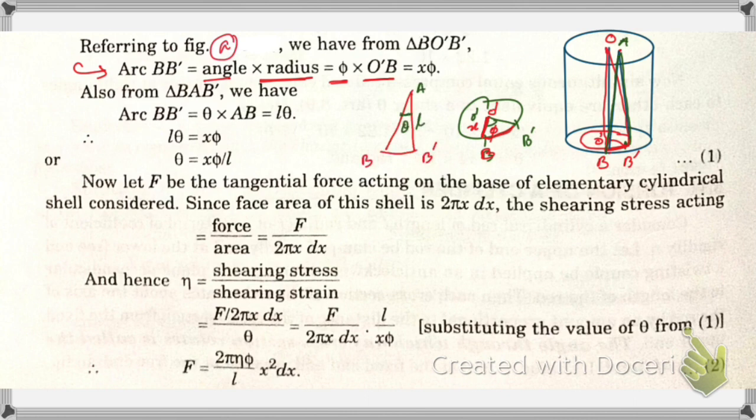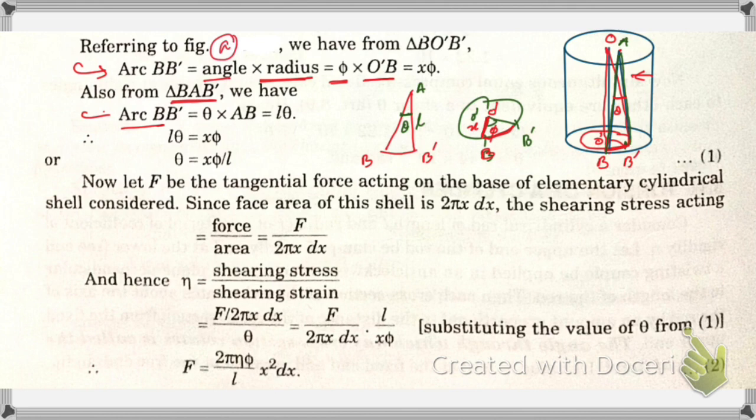Then again, for the arc from the triangle BAB dash, you can see this triangle BAB dash. Here you will get the length of the same arc, theta. Here we have taken the angle between AB and AB dash as theta.